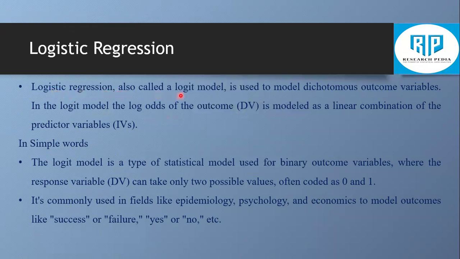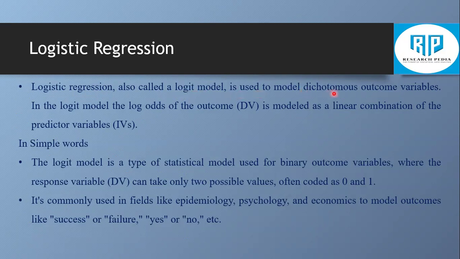Logistic regression is also called a logit model. Sometimes if you are confronted with a pure statistician or pure econometrician, they would call it a logit model. So the full form is logistic regression, while in the short form you would call it a logit model.